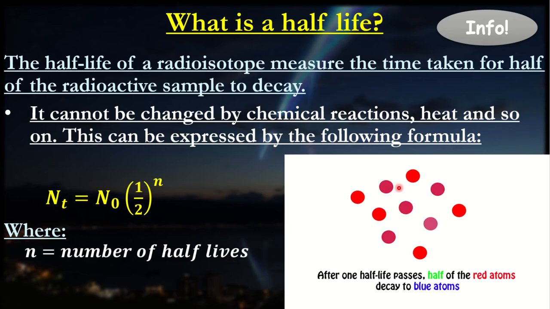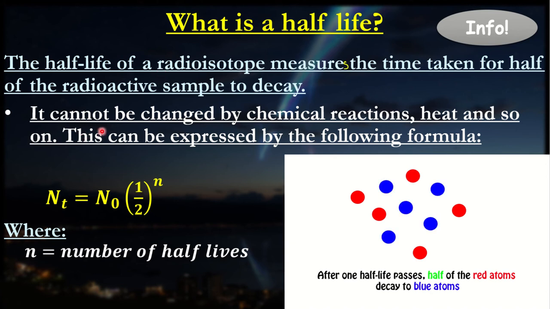The first and foremost important thing is to explain what a nuclear half-life is. A nuclear half-life is the time taken for a radioisotope for half of its radioactive sample to decay.